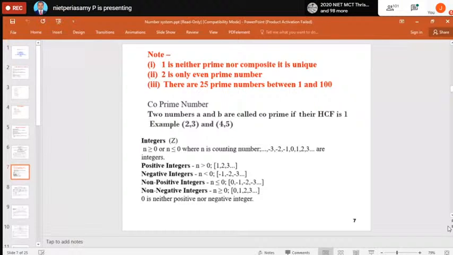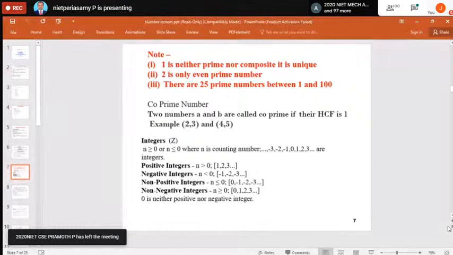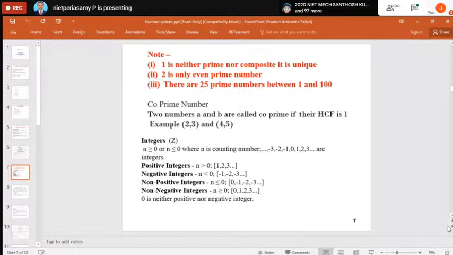The second point is, in the case of even numbers, all the even numbers are composite numbers except the number 2. The first even number 2 is the only even prime number.